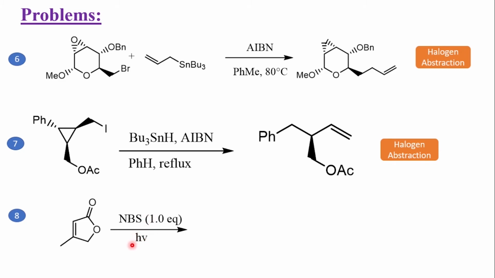Here the strategy given is a radical initiator, that is the source of radical, and the key point here is the weak bond. The weak bond here is the N-bromide, the nitrogen and bromine compound. So NBS is N-bromosuccinimide. So in this, the N-Br bond will cleave homolytically, and after that the nitrogen radical will abstract this hydrogen. Why this hydrogen? Why not this hydrogen? Because this hydrogen and this hydrogen both are what? Allylic hydrogens.